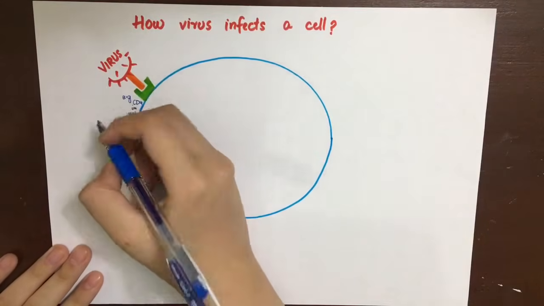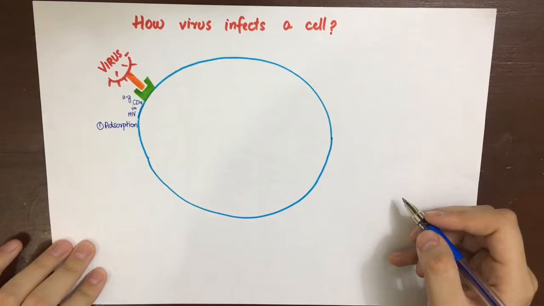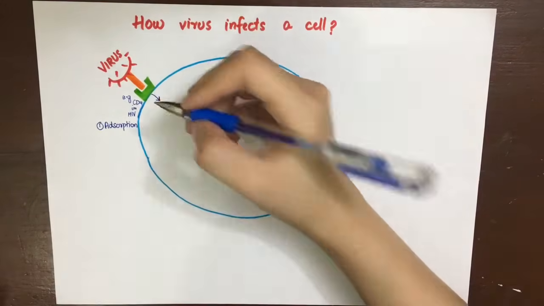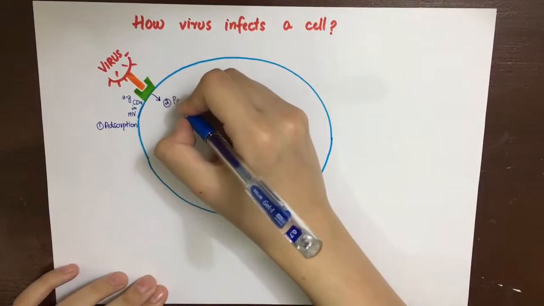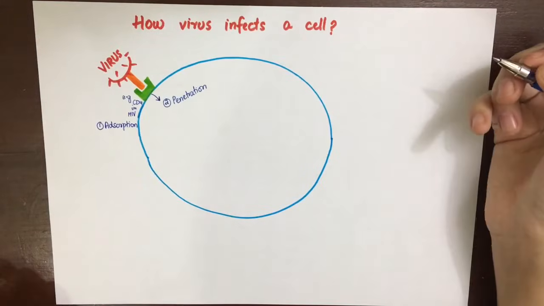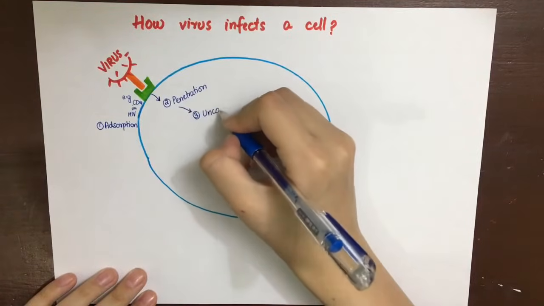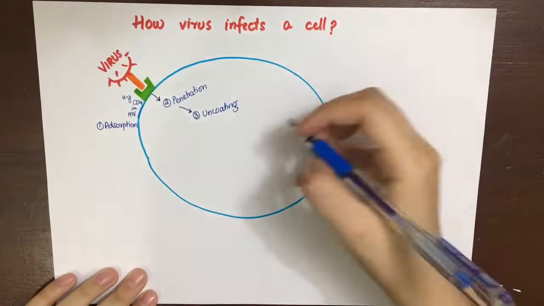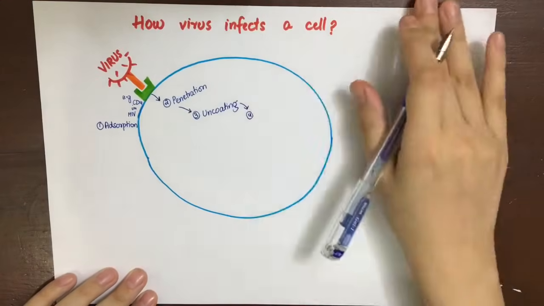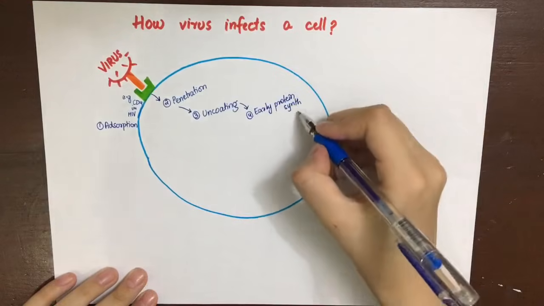After binding to this receptor, there will be the phase of adsorption where either a bacteriophage will inject its DNA or RNA, or there will be complete endocytosis of the viral particle. This phase is called penetration. After that, the endocytosed vesicle will undergo uncoating and thus the nuclear material will be released.